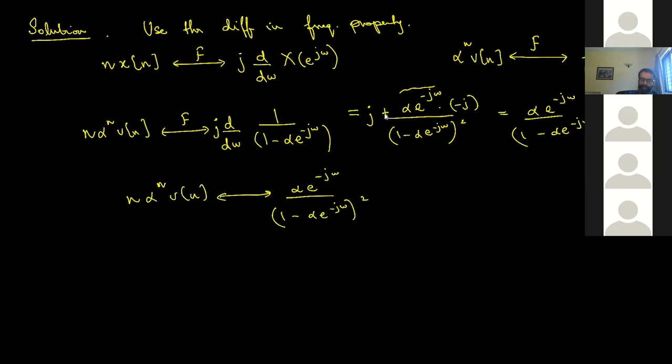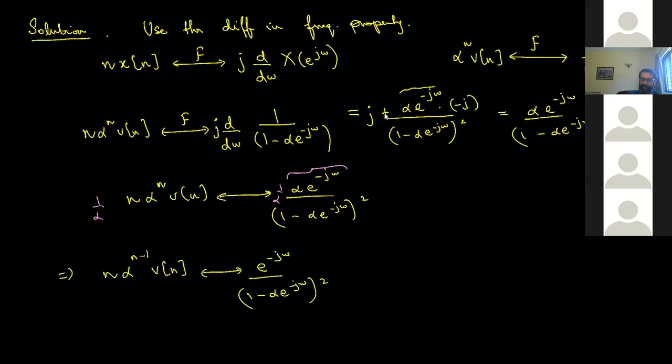I want to get rid of this factor. How do I get rid of it? Sir, you can divide the numerator and denominator by it. I can divide by alpha. So if it's 1 by alpha here, I can have 1 by alpha here. Which would mean that n times alpha raised to power n minus 1 times u of n has a Fourier transform of e raised to power minus j omega over 1 minus alpha e raised to power minus j omega whole squared.